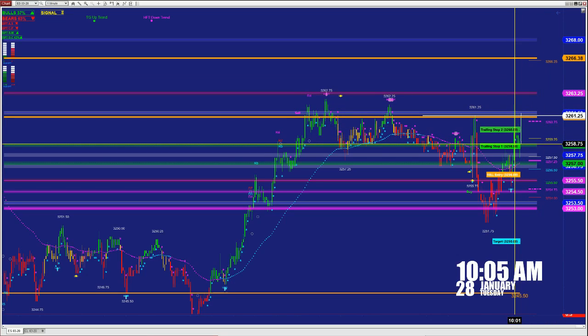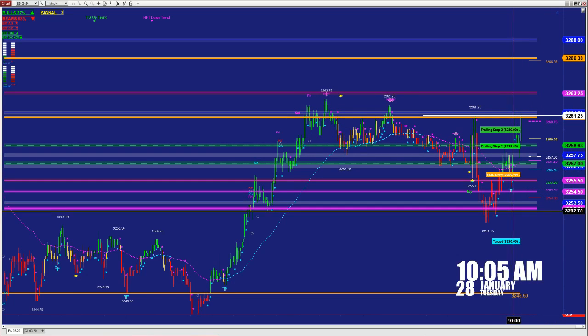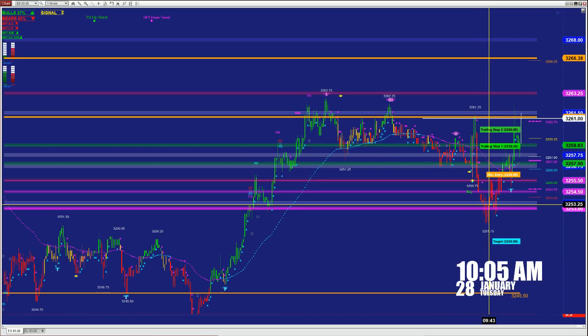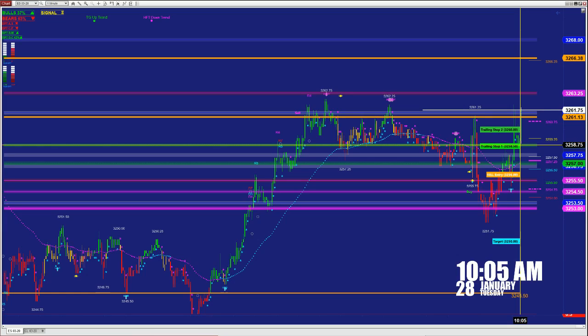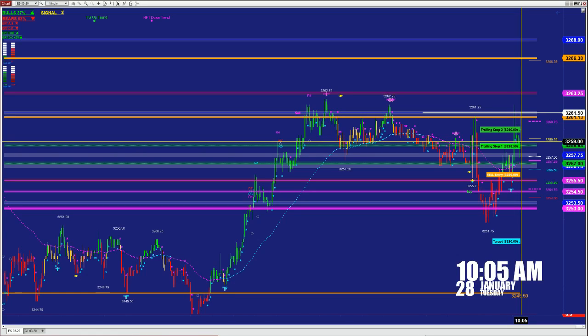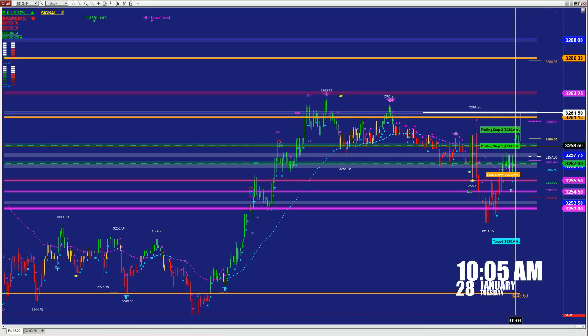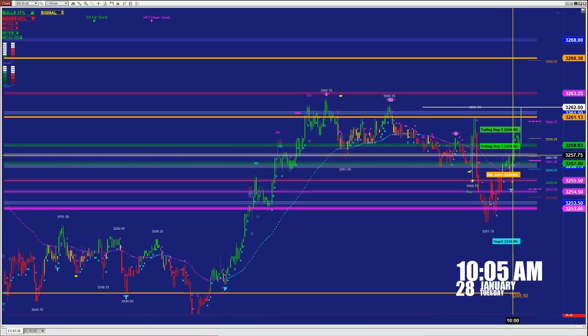If we look at the ES, there is a lot of support area, a very, very strong support area on the ES. As you see here, we have a support area at 32.5850, another one at 32.5775, projection.